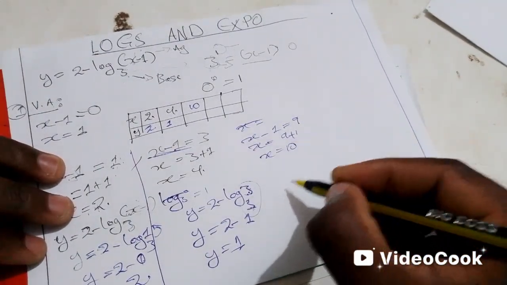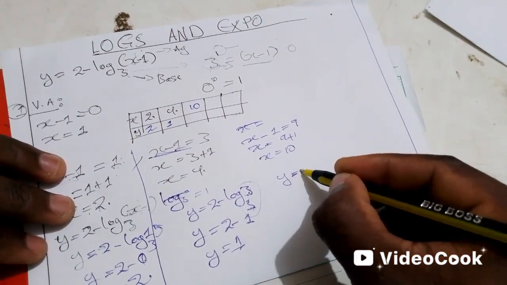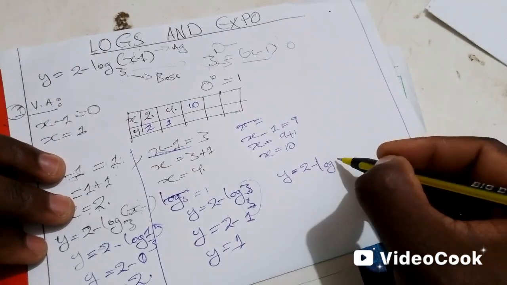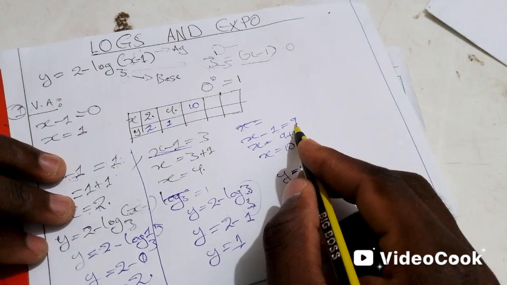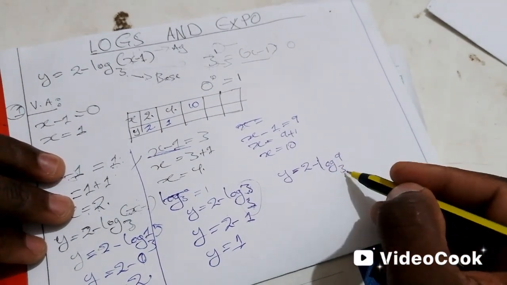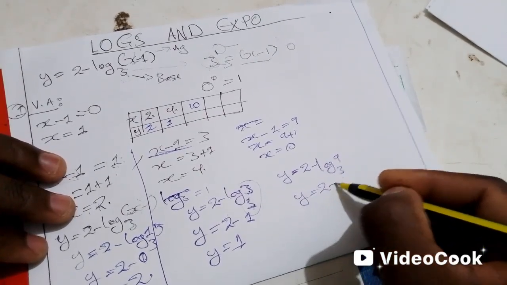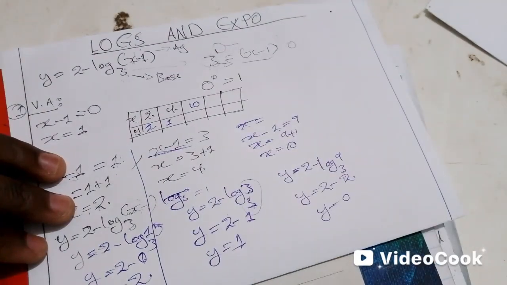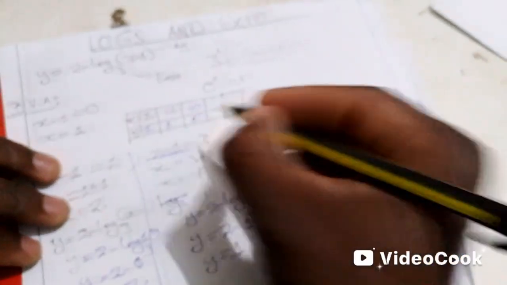I said y is equal to 2 minus log 9 to the base of 3. I equated the argument to 9, don't forget. The number which can give me 9 here is 2, where your y is equal to 0. So you can put there 10 with 0.